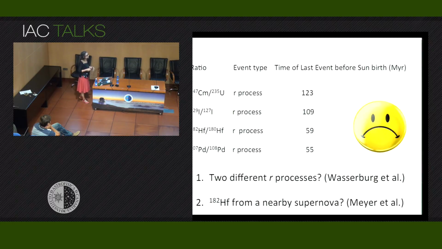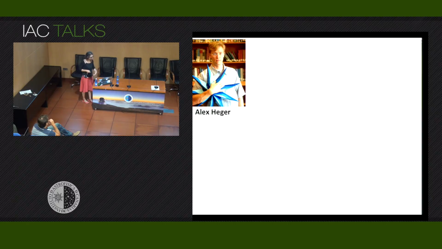using the most updated input from nuclear physics. But I am more an expert in AGB stars, so I needed to work with someone who does supernova models. And that's when I got in touch with Alex Seger, because he is a world expert on supernova nucleosynthesis. At the time, he had just moved to Monash University.